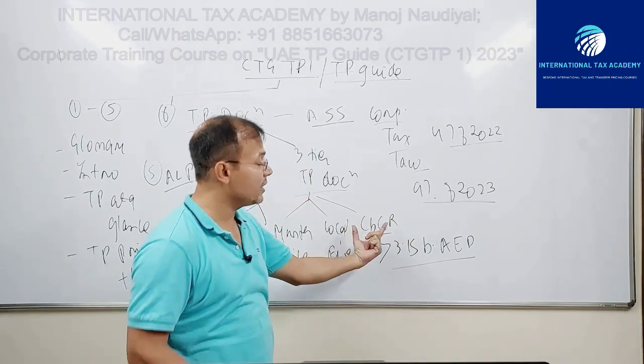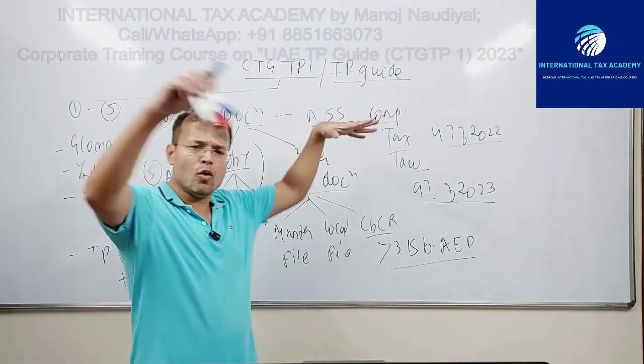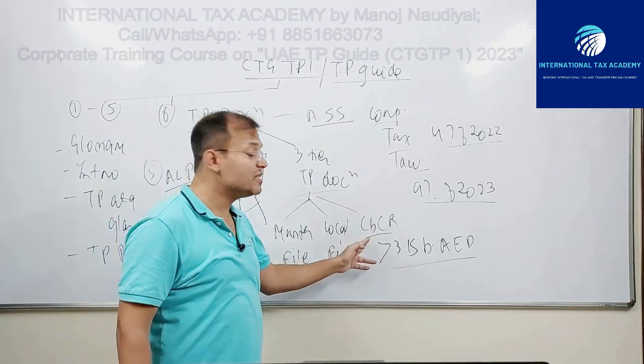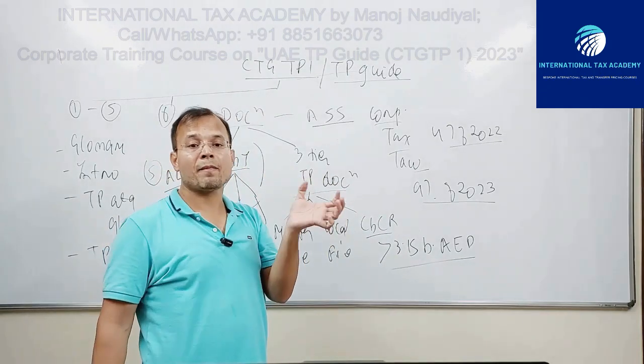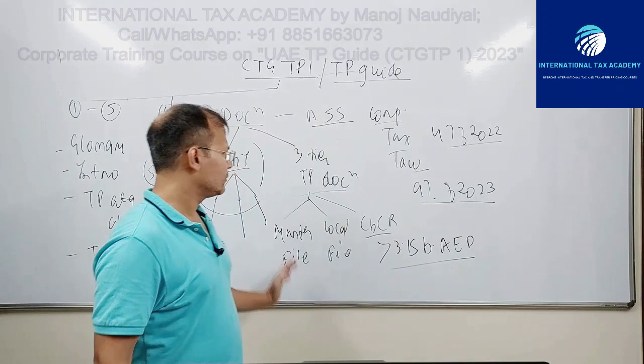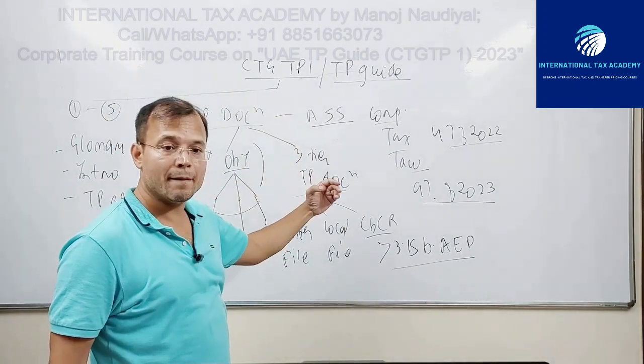Only those MNEs which form part of a group with consolidated revenue of more than 3.15 billion AED are required to create this CBCR. The master file gives an overview of the group, the local file has transaction-specific information, and the CBCR has indicators of financial activity, allocation of income, allocation of taxes, and so on. So the 3-tier TP documentation in section 6 is explained.